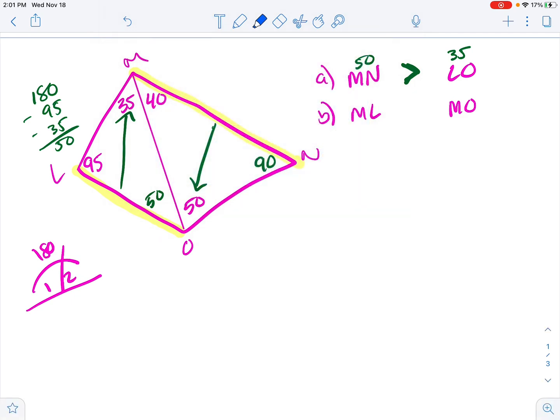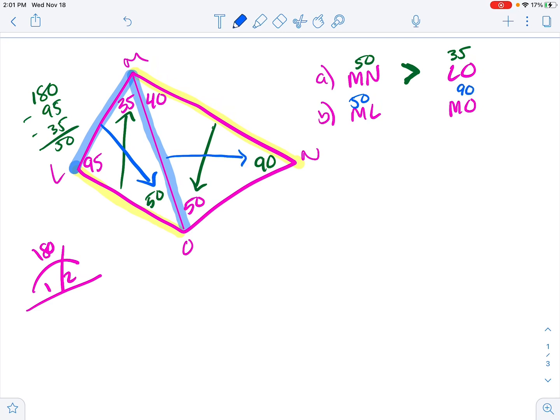So on the next one, we're comparing ML, which is this guy, and he's across from an angle of 50. And then we're going to compare him to MO. Now MO could be in either triangle, but we already have the triangle from the left, so we're going to compare it to the triangle on the right, which is across from 90.